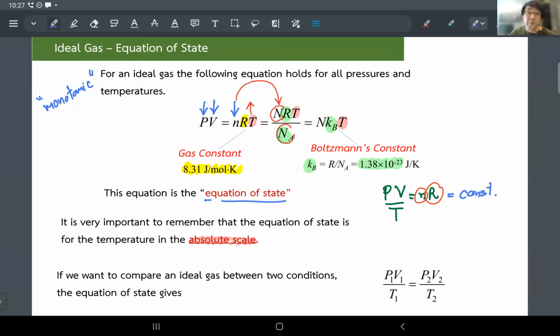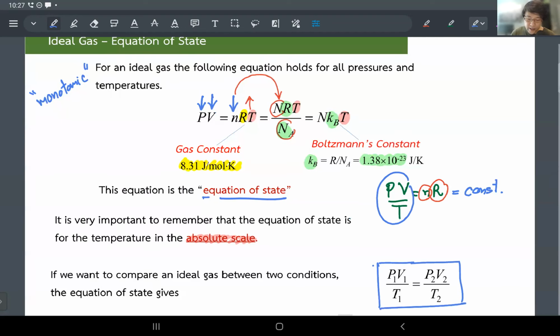Then that allows you to compare between two conditions of the gas. You guys with me? So no matter how you change the state variables of the gas, the ratio of PV over T stays fixed all the time. This is the reason why you might have seen this kind of thing before. You can always compare two states of a gas by saying that PV over T stays constant.